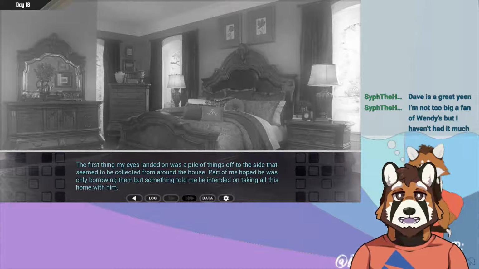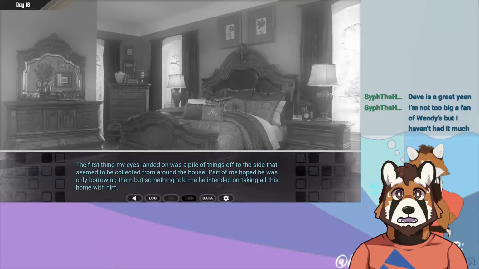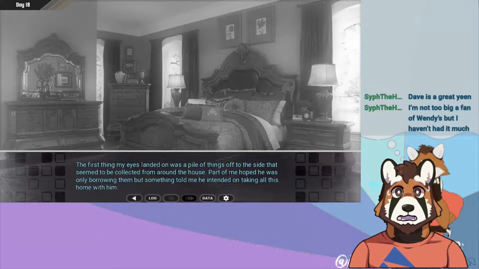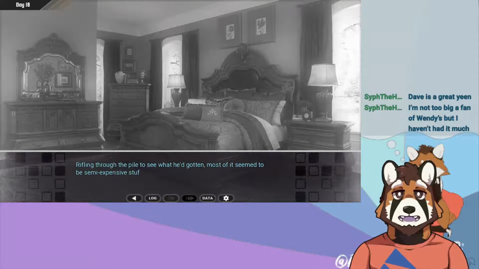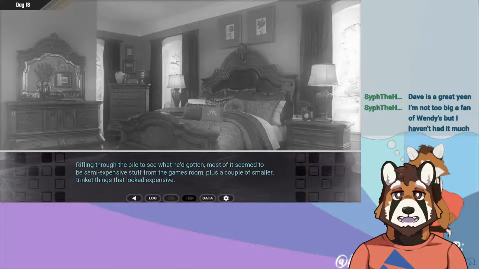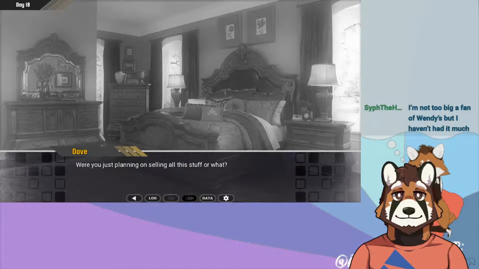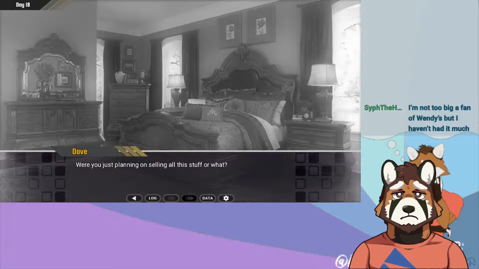Part of me hoped that he was only borrowing them for something, but something told me he intended on taking all this home with him. Rifling through the pile to see what he had gotten, most of it seemed to be semi-expensive stuff from the games room, plus a couple of smaller trinket things that looked expensive. Were you just planning on selling all of this stuff or what?